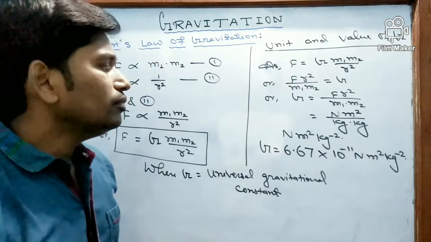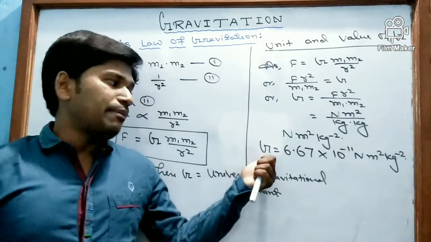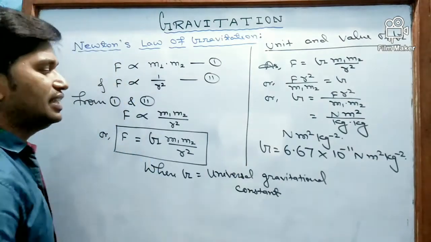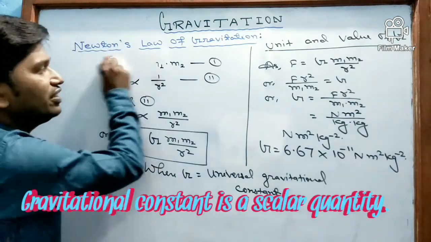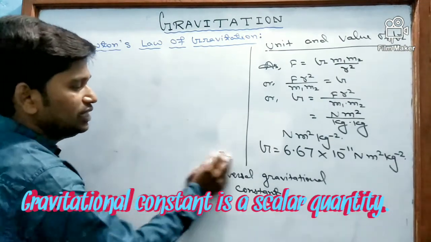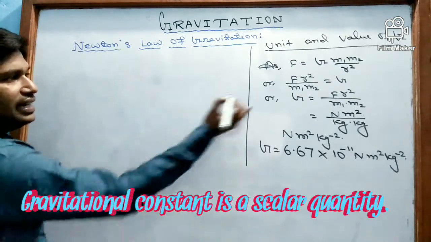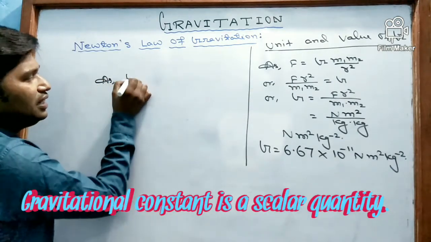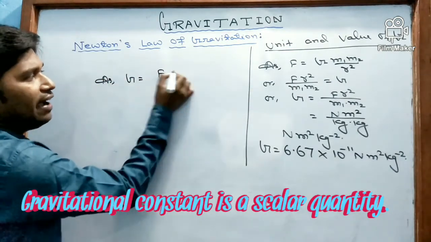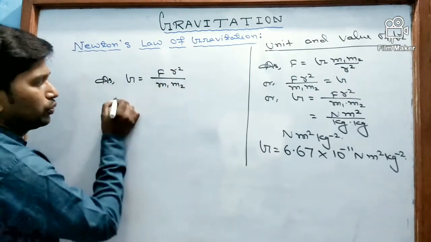We can define this capital G. Let us see the definition of universal gravitational constant, capital G. As I said, G equals F r square by m1 into m2.